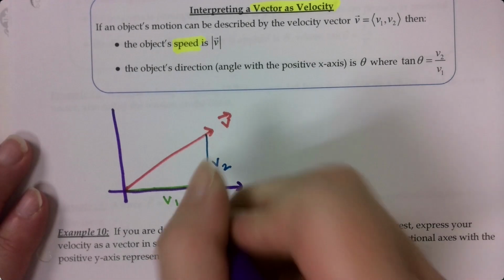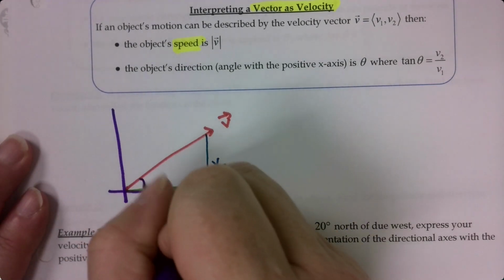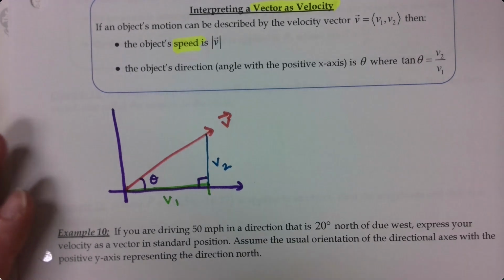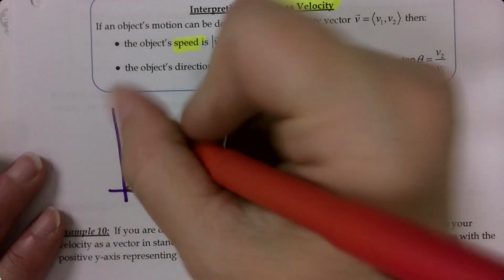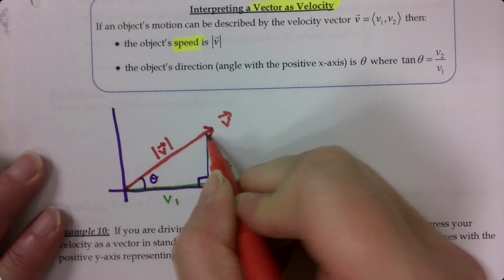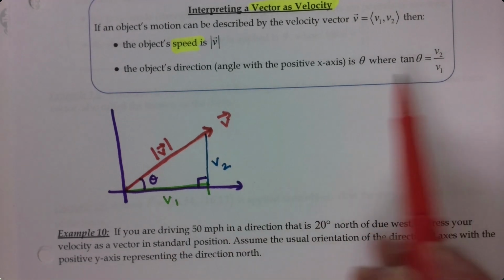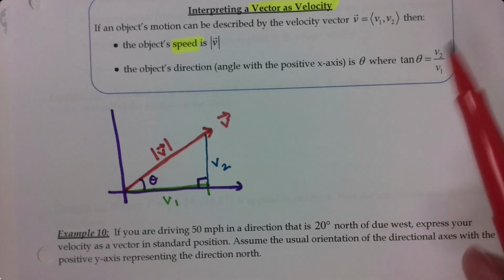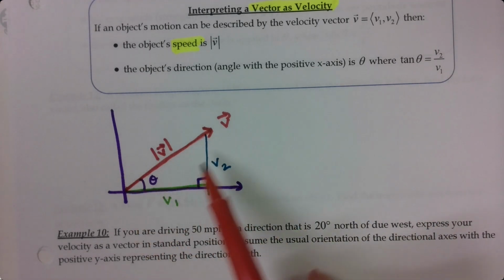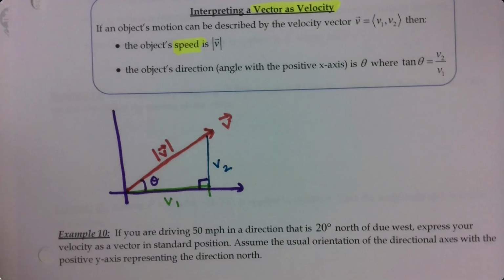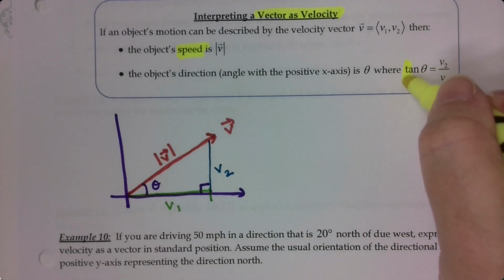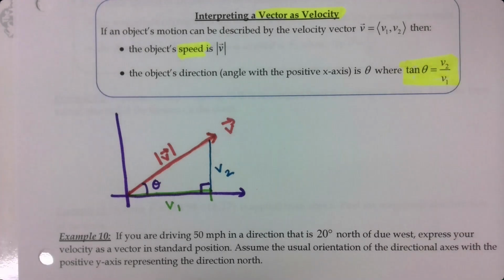They form a right angle with the x-axis, and they have an angle theta right here. Now the magnitude of v is literally the length of that vector. The tangent of the angle is the opposite over the adjacent, so it's v2 divided by v1, just like we would expect from geometry.